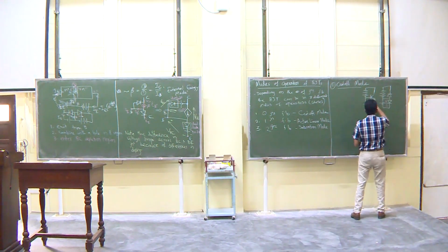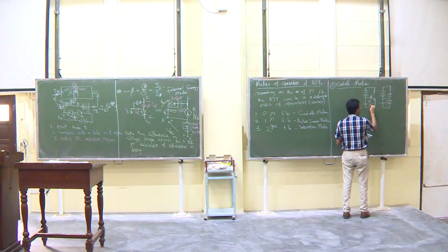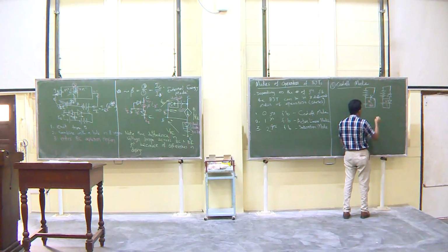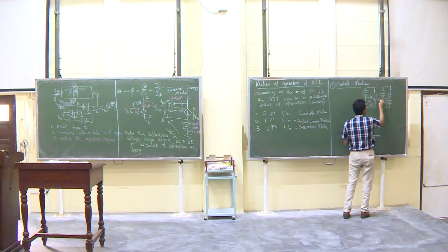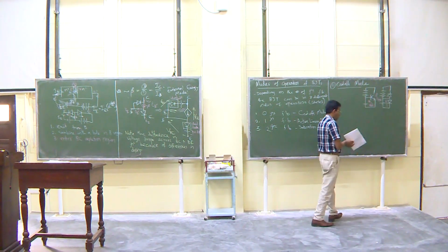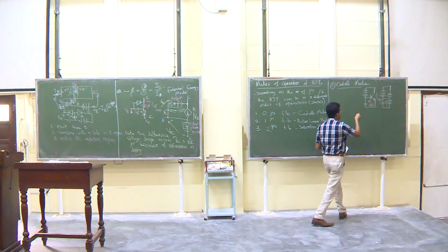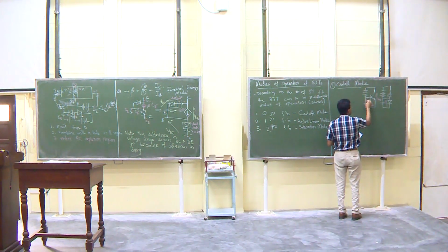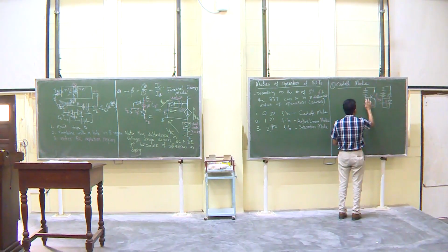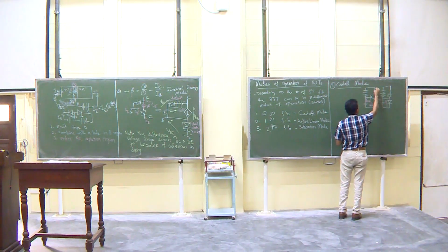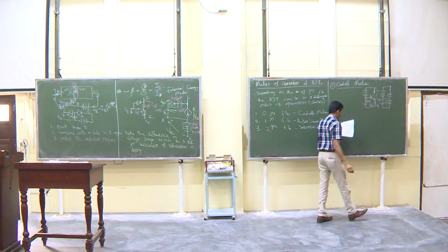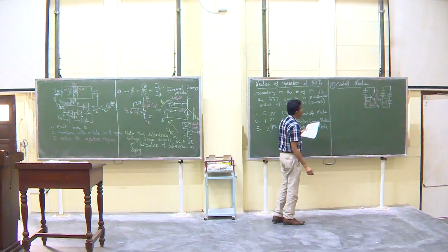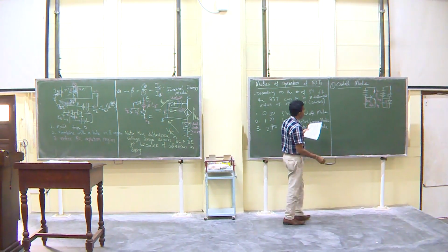This one, VBE, is forward biased, and this is VCE, and this is IB, IE, IC. So, that is what we have.